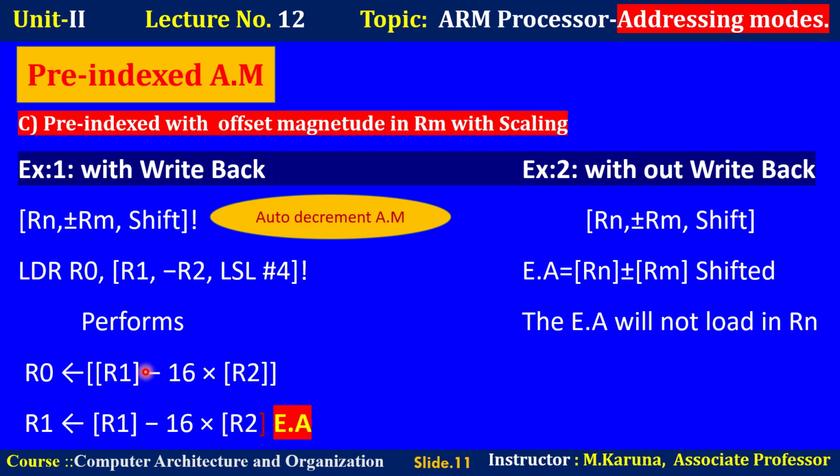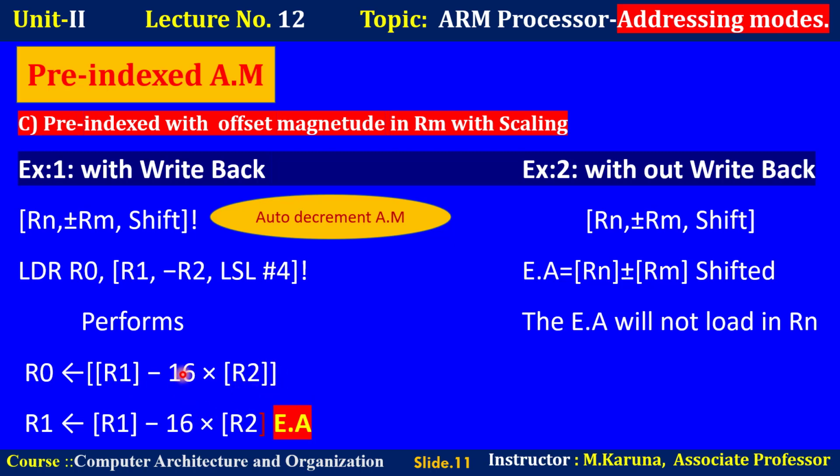Here we are mentioning brackets. What do they contain, data or a memory location address? If you mention brackets like this, they contain the address only. So whatever is present in R2 will be multiplied by 16, because of the left shift by the number of times specified immediately in the offset. That will be subtracted from the content of R1 and then generates the effective address.